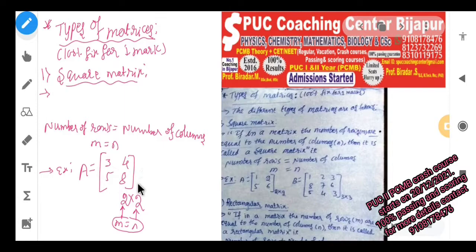If you want one more example, see it, and then we will give the complete definition. Let us see one more example here. B matrix I am going to consider as 1 8 3, next 2 4 3, next 3 1 2.